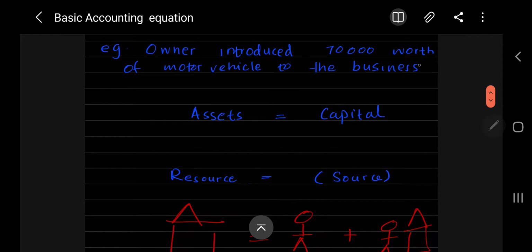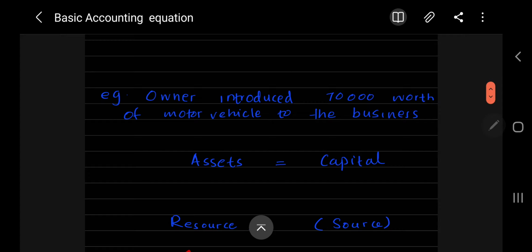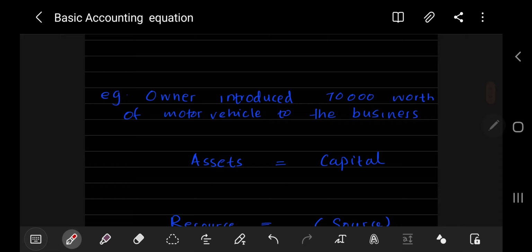I'm moving to another example here. Owner introduced 70,000 worth of motor vehicle to the business. Here also the owner is the party who is going to invest. So our owner's capital will increase by 70,000. But this time he is not investing cash; instead he is investing a motor vehicle in the business.